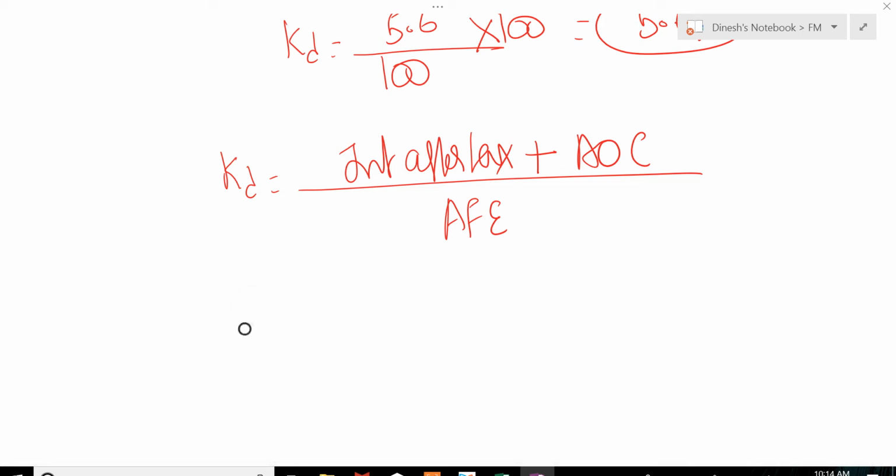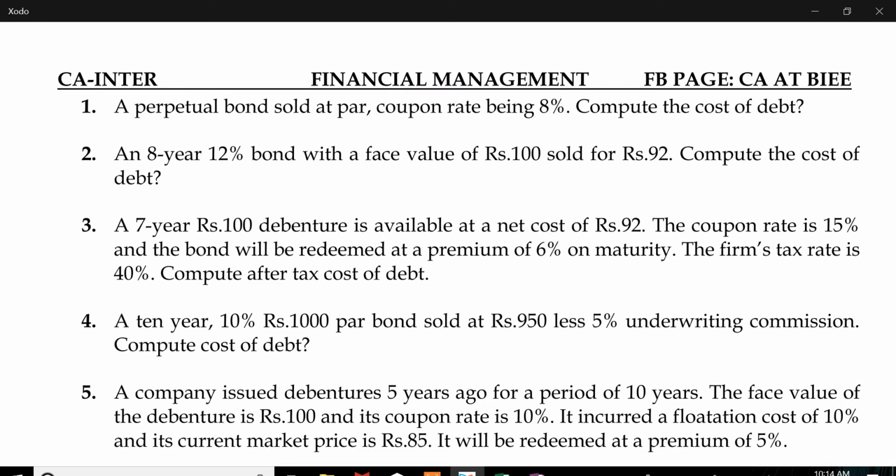What is the interest rate they have set? 12%, face value is 100, so interest is going to be 12. Interest is always on face value.